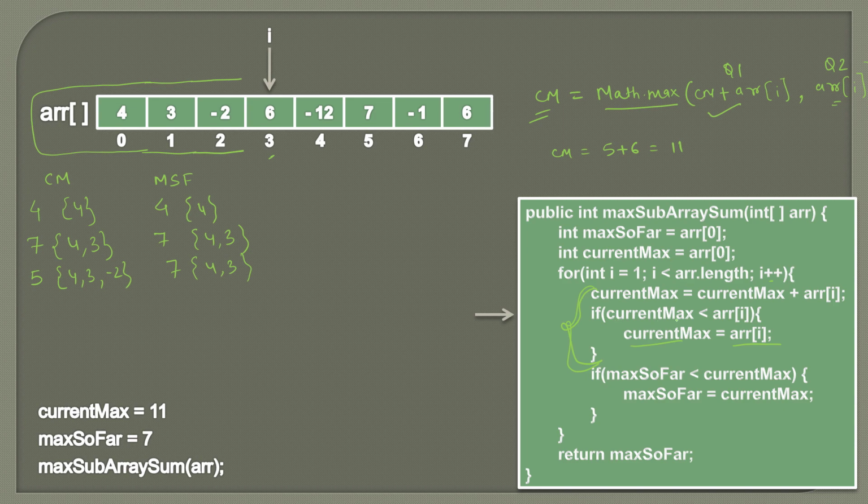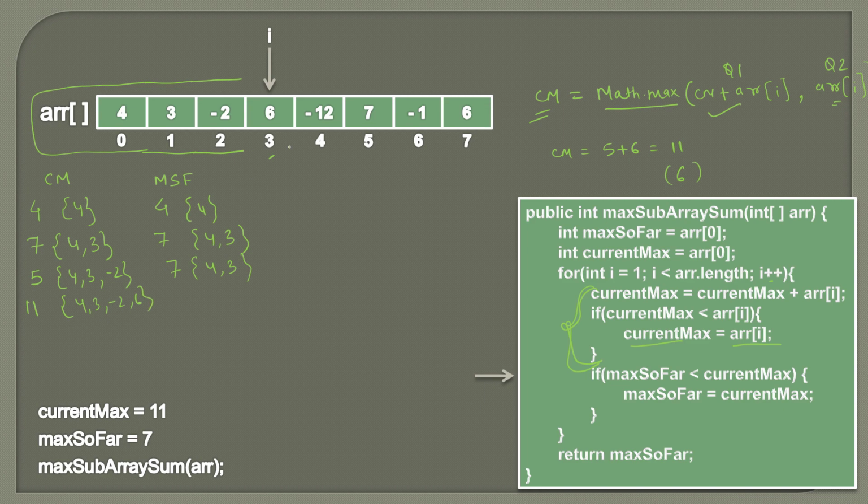And then we decide whether current max, which is 11, is less than the value 6 or not. If it is less than 6, then we reassign current max to the array value at the ith index. So this condition comes out to be false because 11 is greater than 6. So here 11 is our current max.